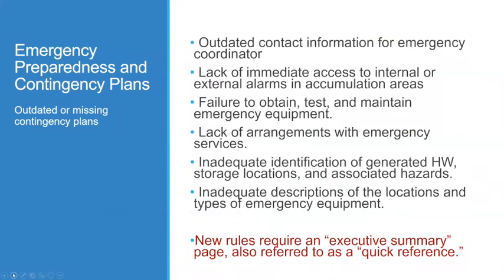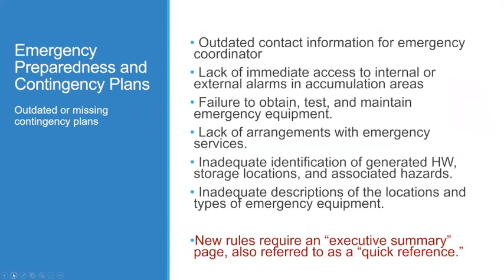Emergency preparedness and contingency plan. A lot of the time we see outdated and missing material. It's very common for the contact information for the emergency coordinator to be absent, a lack of arrangements with emergency services, missing identification of the locations of the waste and associated hazards, and inadequate descriptions of the emergency equipment.